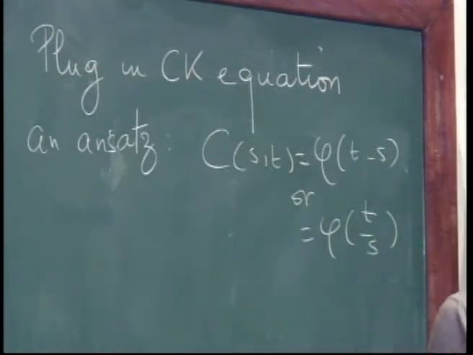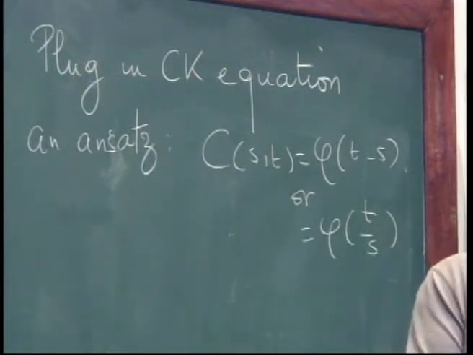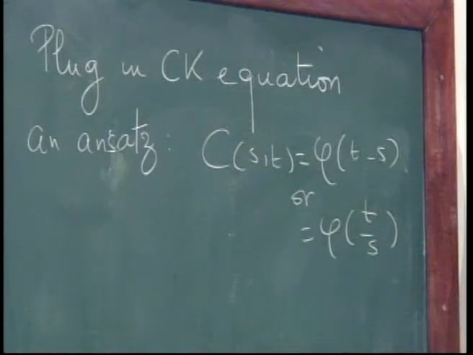I can try a time translation invariant solution, plug it in, and then find an equation for phi, and you do the same thing for chi. Or you try something like an aging solution, plug it in, find an equation for this phi, and then see whether you can do something.